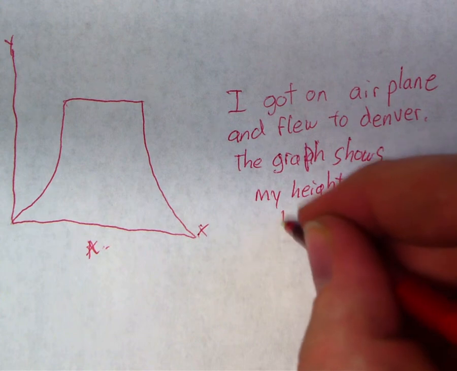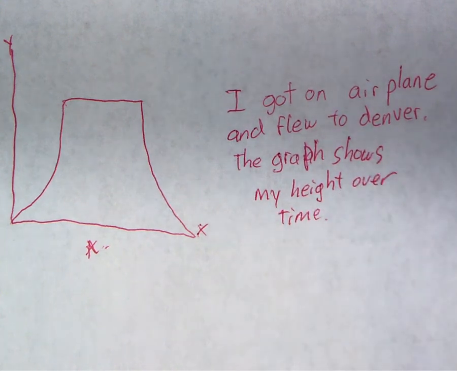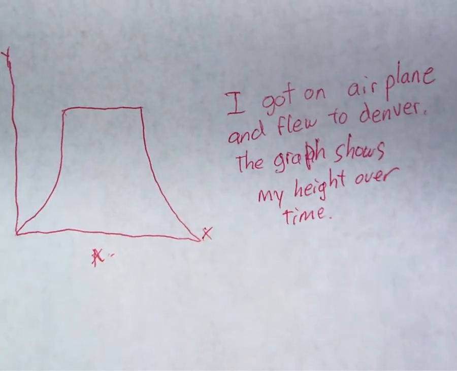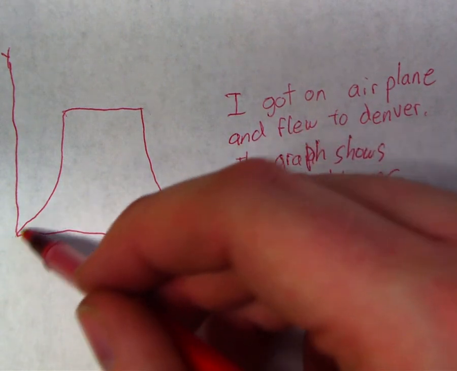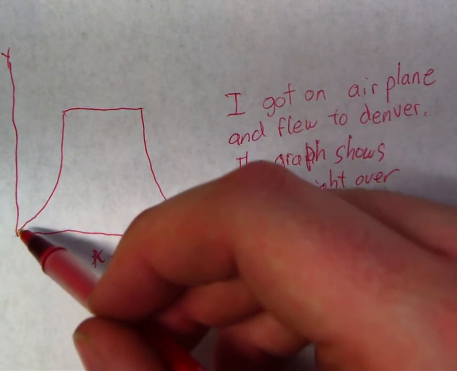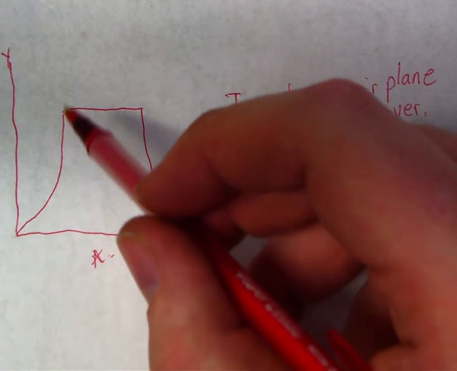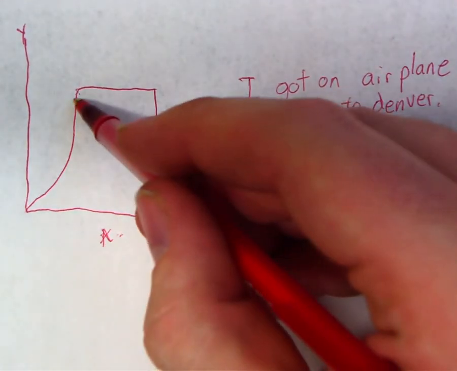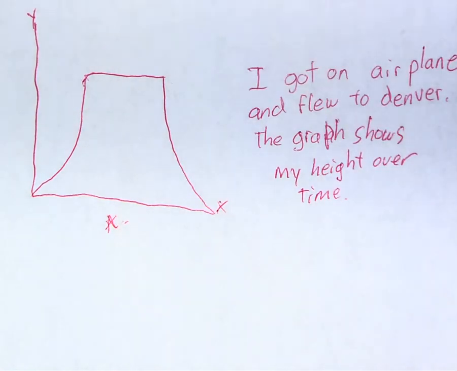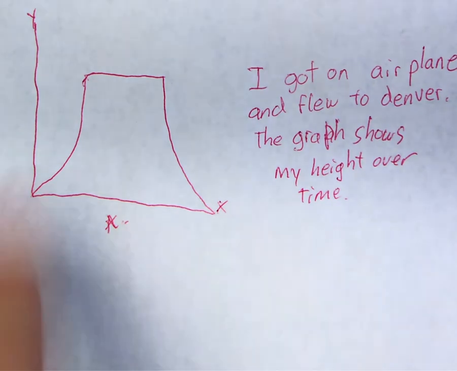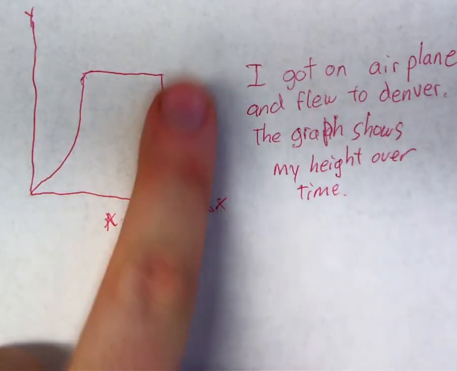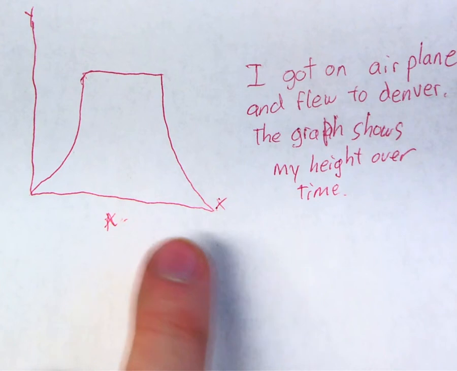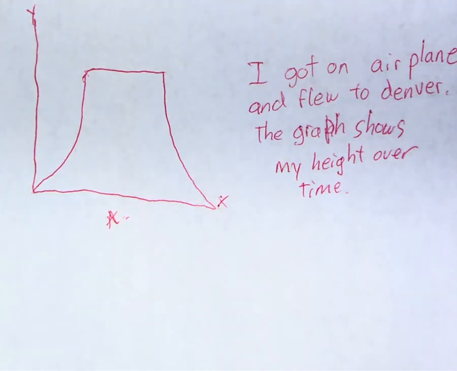Does that work in this case? Well, let's see. So it's saying that I started to rise up slow, and then shot up in a fairly steep fashion until we got to a point where we could level off. Stayed level for a time, and then began to descend till we touched down back on the ground.